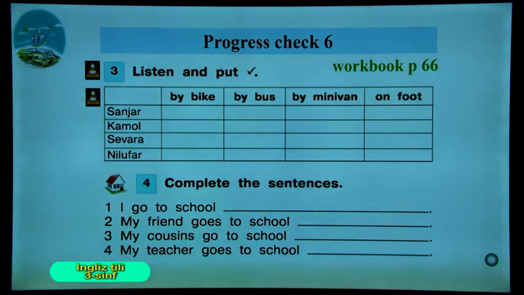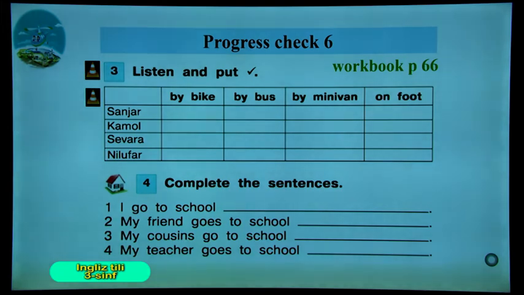In this task, you have to listen and put. Aziz o'quvchilar, mana bu mashqimizda biz hozir tinglaymiz va undan keyin mana bu jadvalni to'ldirishimiz kerak bo'ladi. But before listening, you have to look and read. Ammo eshitishdan oldin siz mana bu vazifani bir marta o'qib chiqishingiz kerak.